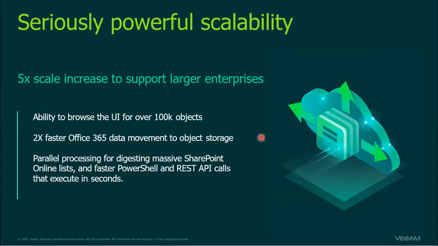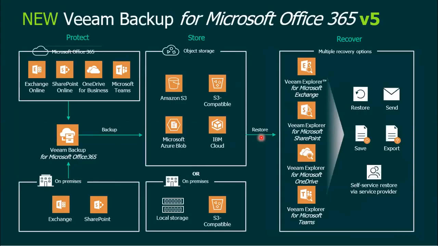So in simpler words, the backup engine has become more powerful. The speed of the backup of your Office 365 has been increased from the Veeam perspective. So this is again a more powerful backup engine when it comes to Veeam.